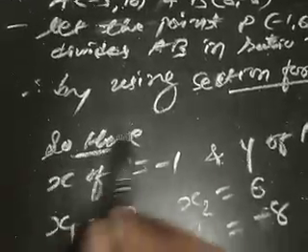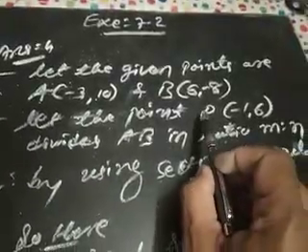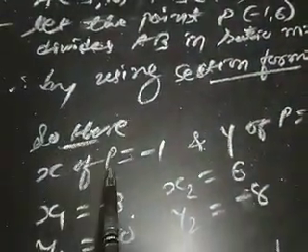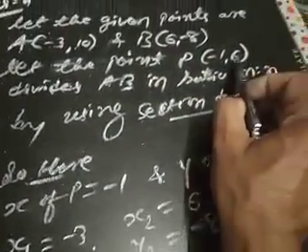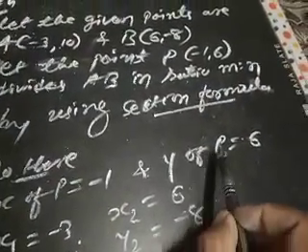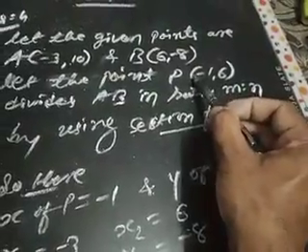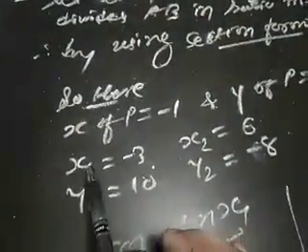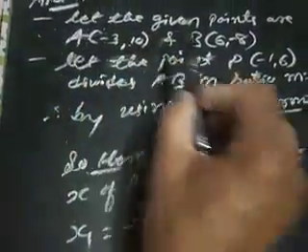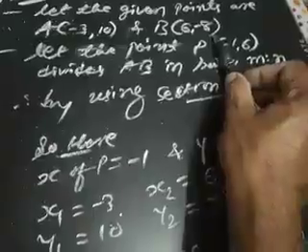Here, because point P divides this line segment, the x coordinate of P is minus 1 and the y coordinate of P is 6. These are the coordinates of point P. And (x1, y1) is (minus 3, 10), that is point A, and (x2, y2) is (6, minus 8), as given.